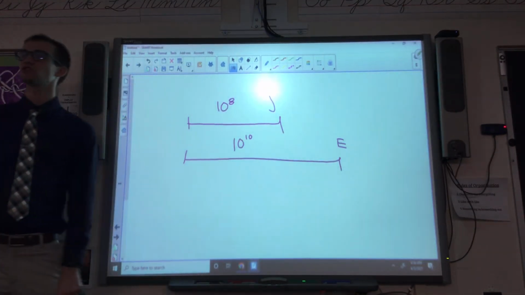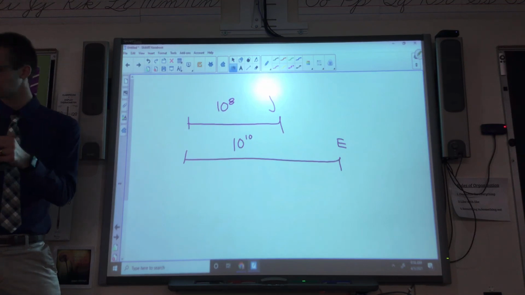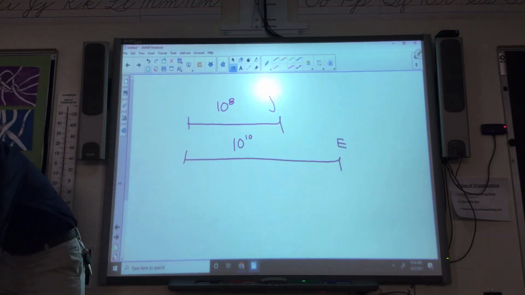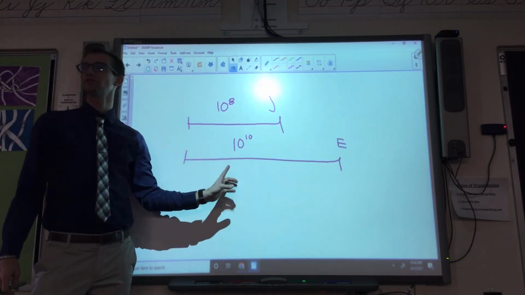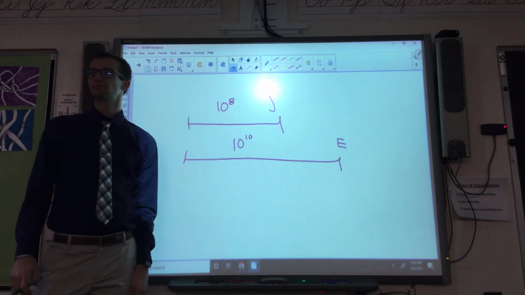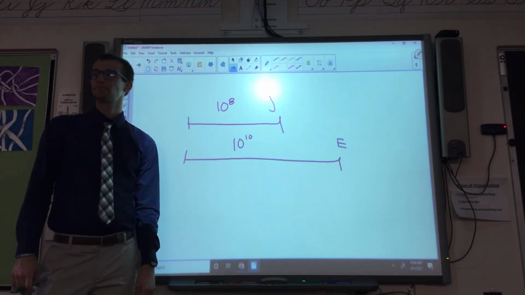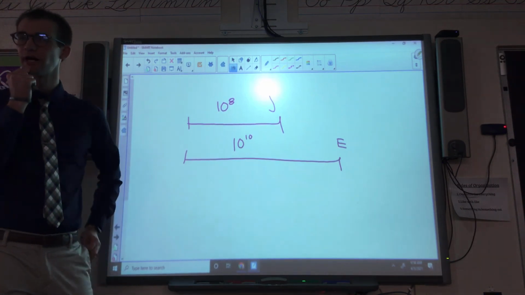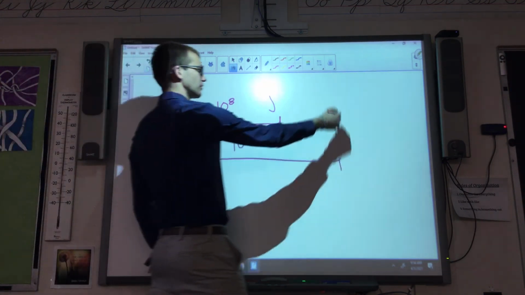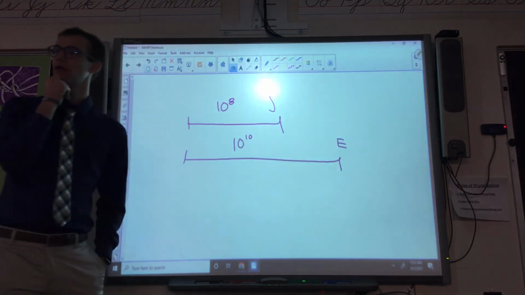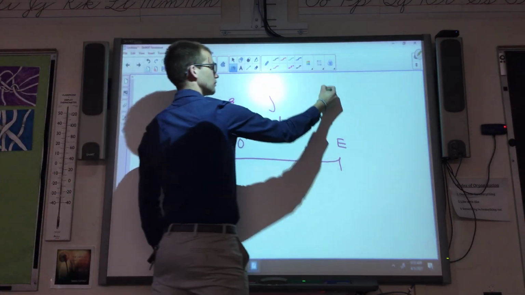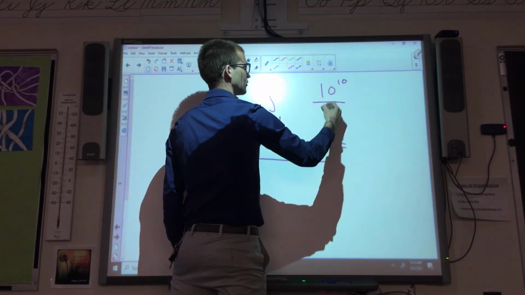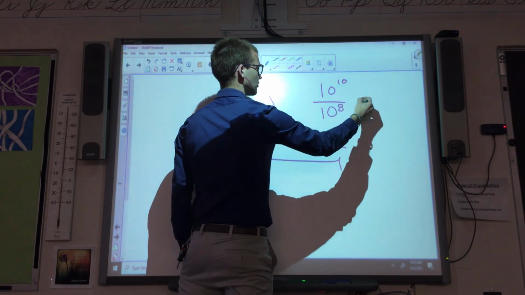By the way, the proportions that they show don't make sense based on what the answer is, just letting you know. So how many times farther is this than this? What does that mean? Divide. So 10 to the what divided by 10 to the what? 10 to the 10th over 10 to the 8th, which is 10 to the second.